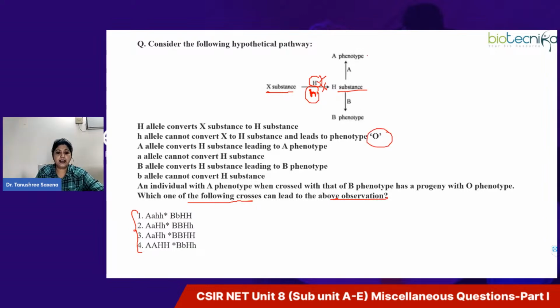Then there is another allele A which converts H substance to A phenotype, and the recessive allele of the gene cannot convert it. If instead of this you have this allele, it will not convert it.